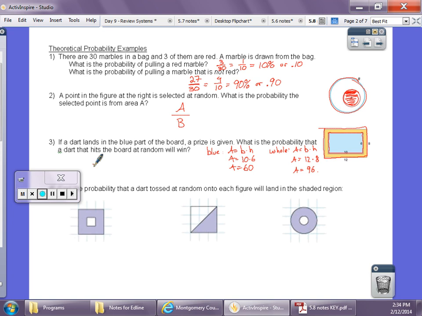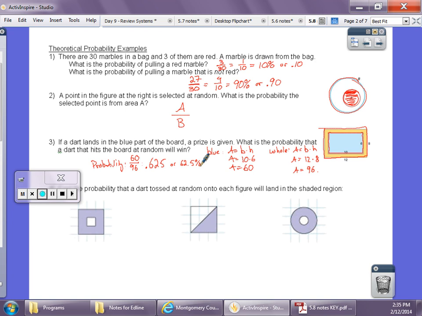So our probability is 60 over 96, which divided out gives us 0.625, which is 62.5%. So that's the probability it will hit in the blue area. It's the probability of the blue area over the entire area.